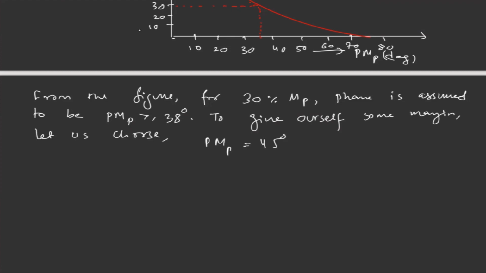So on the safe side, we are assuming this value. Now we'll find the value of damping ratio for the given phase margin. So we can again refer to the relation between the phase margin and damping ratio plot.